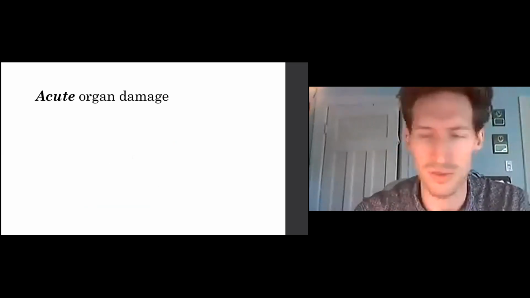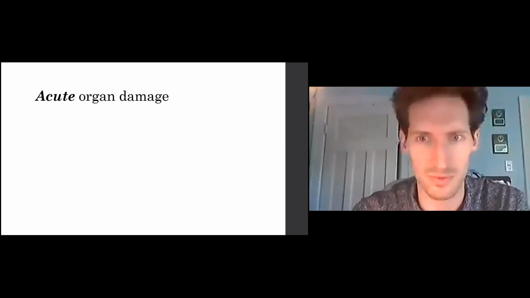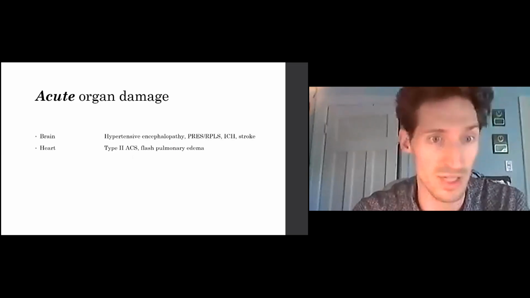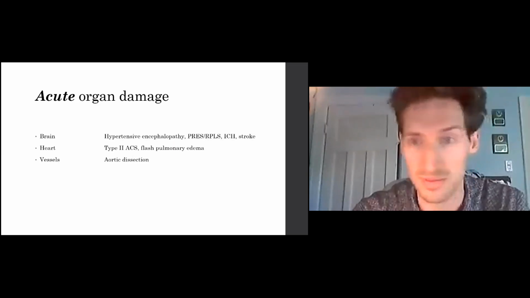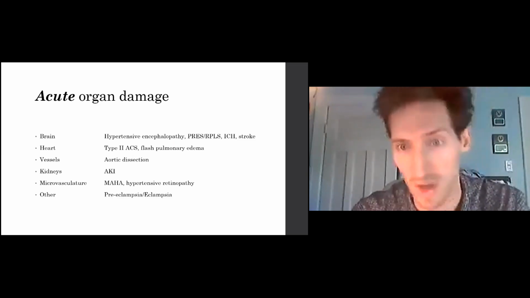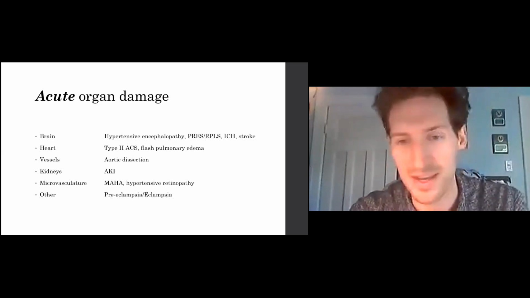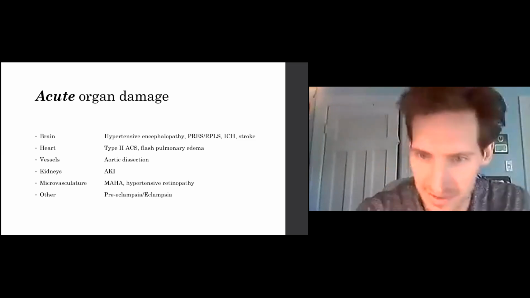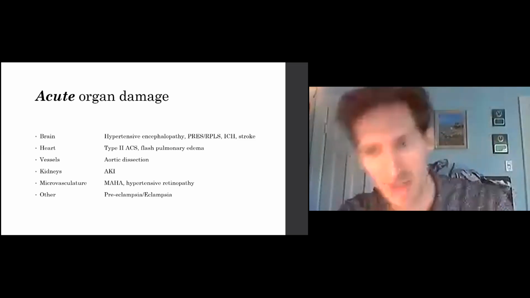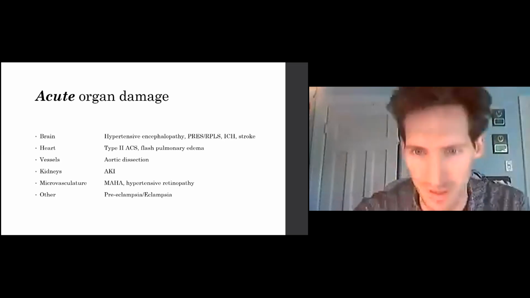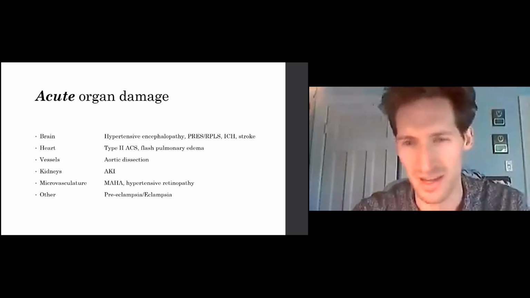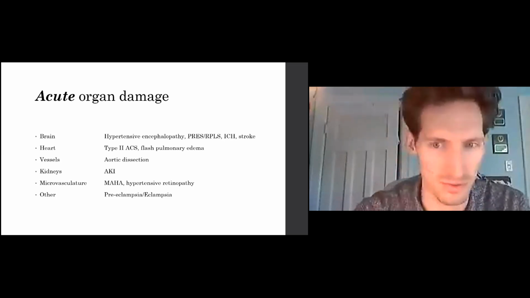So acute organ damage, what are we talking about? We're talking about brain, heart, vessels, kidneys, microvasculature, and others. Things like epistaxis, a mild headache, or non-specific symptoms that the patient might come with are very unlikely related to their high blood pressure.